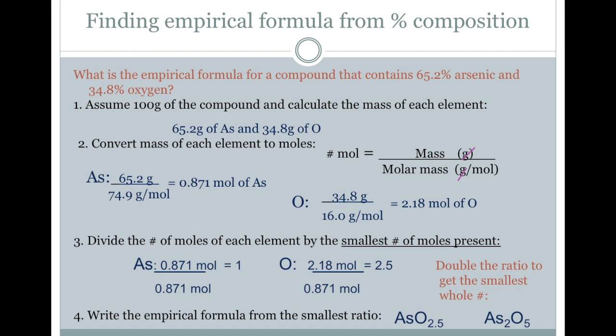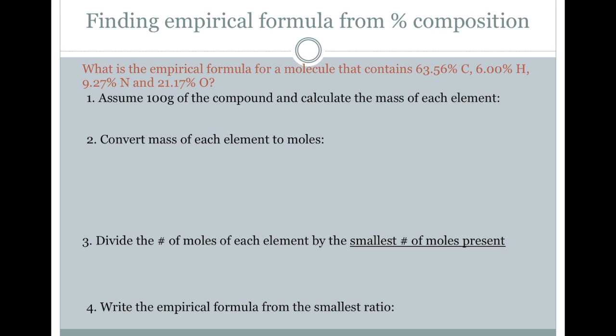And if you don't end up with a whole number ratio, or something that's exactly half so you can double it to get whole, there's probably something wrong with your calculation, because you should end up with a whole number ratio.